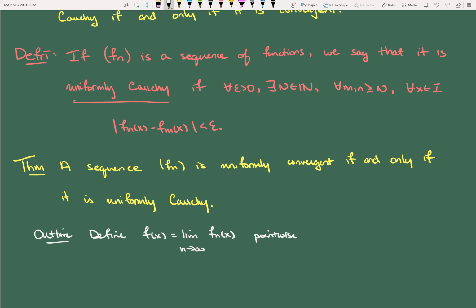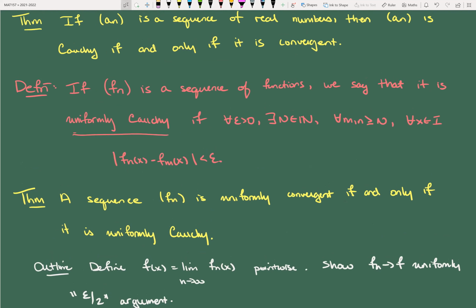And then just show that Fn converges to F uniformly. This is an epsilon over 2 argument. So it's not too hard, it's not terrible at all to do. But you kind of have to assume the first one. The first one is terrible, the first theorem here at the top, that is terrible. But if you believe that, then this one isn't too bad.